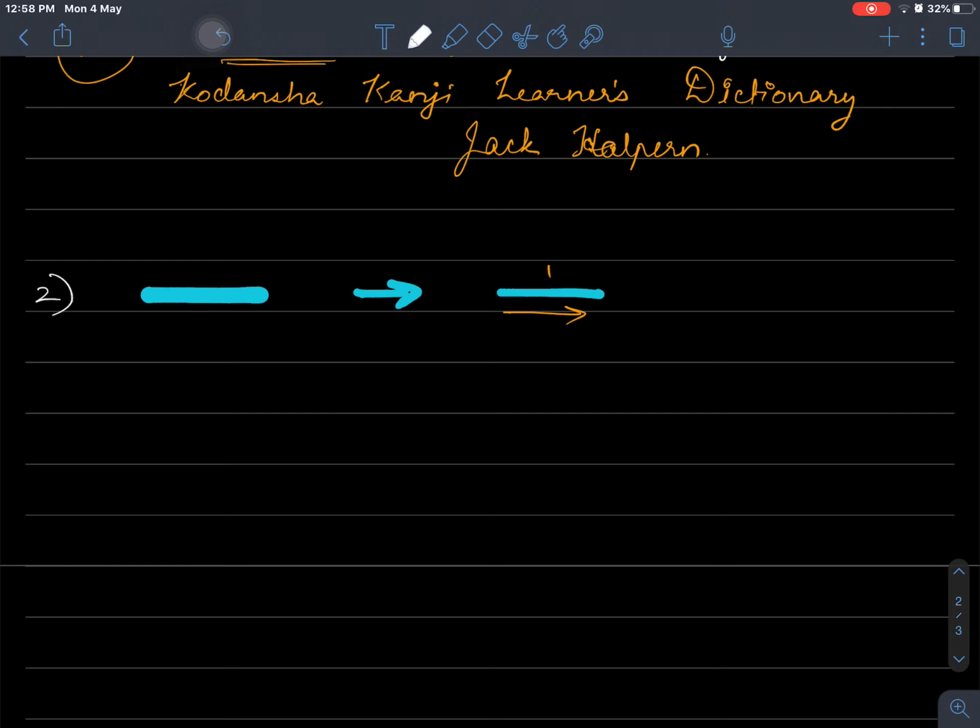The meaning is, as you could have guessed, 1. So this is an example of where the kanji represents an abstract concept, but you can directly imagine what that concept could be just by looking at the kanji character. There's no ambiguity here. It's one line, so it's 1. That's it. This is what the kanji means. The meaning is 1.